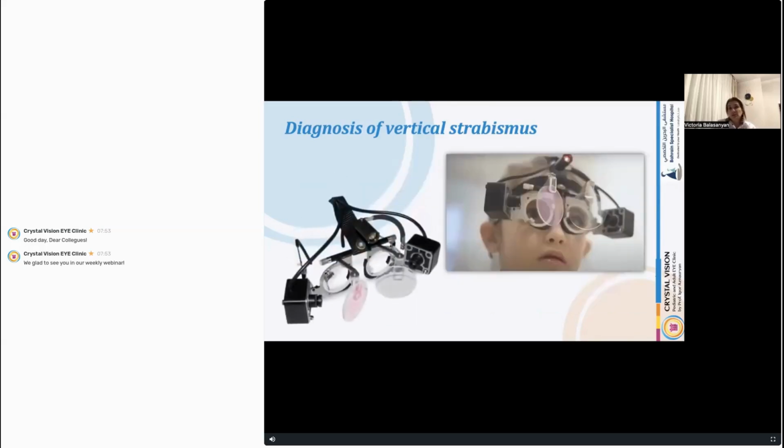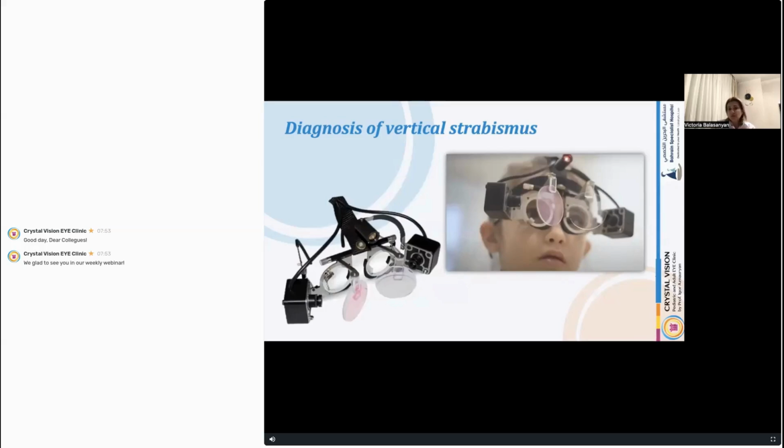In such situations, our favorite video oculograph helps us conduct an accurate diagnosis of strabismus type. We have previously discussed this device multiple times. This video oculograph allows us to study eye movements in natural conditions.